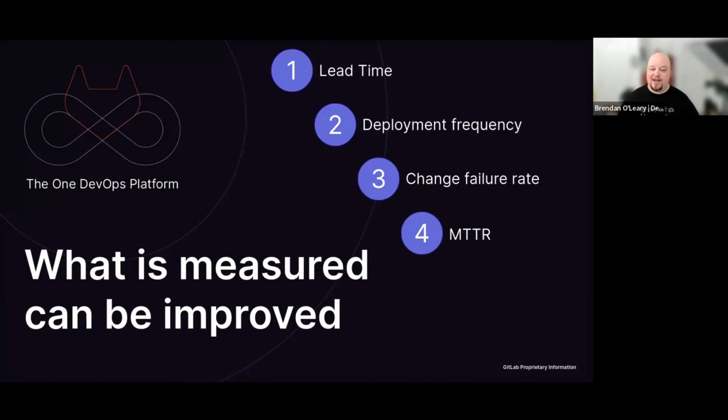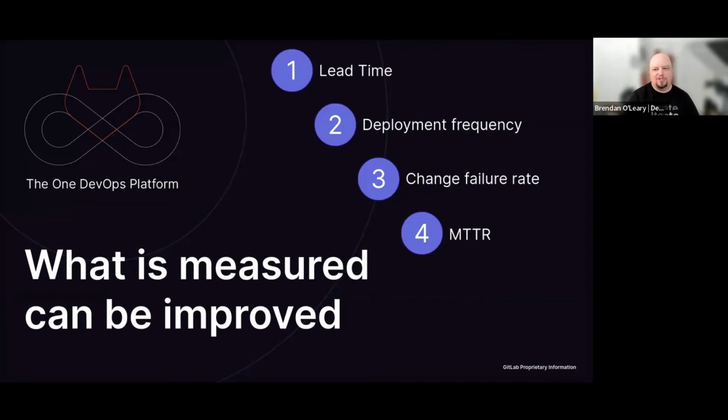The first 2 metrics, lead time for changes and deployment frequency, consider the effectiveness and efficiency of the software development process. These provide insight into the speed of software delivery, how quickly teams can get changes into production. The other 2 metrics, change failure rate and mean time to restore services, speak to the second half of the pie, stability.